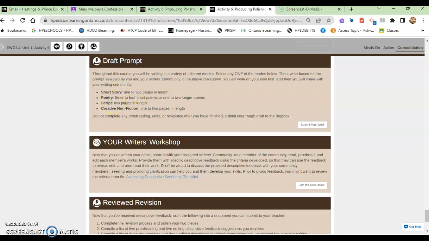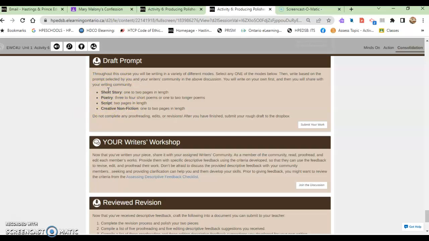Because it is our first writing concept, a script. So if you want to create a scene, or even creative nonfiction, which is something from real life, somewhat known as narrative fiction. Creative nonfiction can refer to adding in a few details or descriptions. So you're choosing one of these modes in which you're going to write.